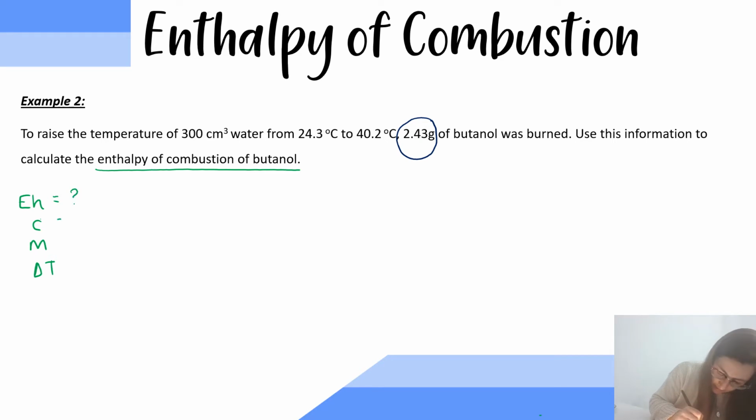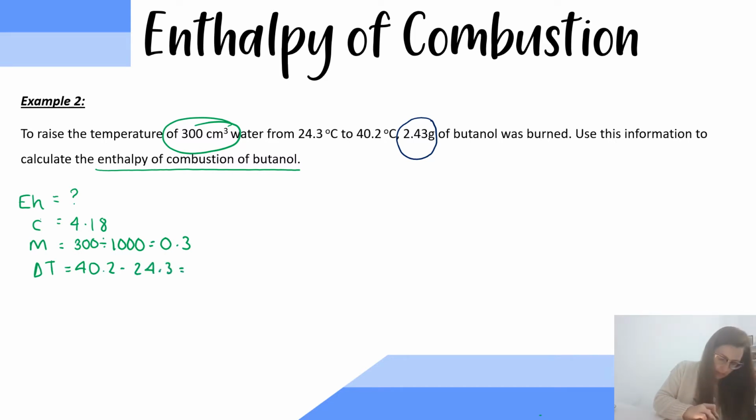EH is what we're trying to calculate. C is 4.18. The mass is the mass of water, not the mass of butanol, which is 300 divided by 1000 to get it into kilograms, 0.3. And our temperature difference is 40.2 take away 24.3, which is 15.9.